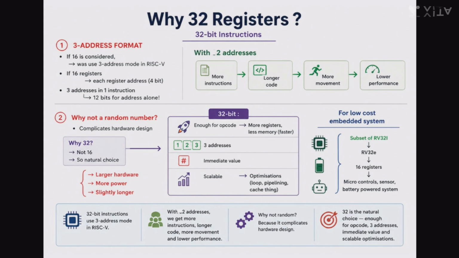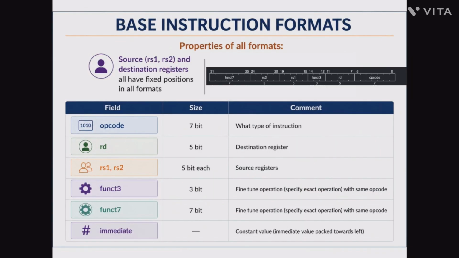Coming to the basic instruction formats, how will an instruction for RISC-V look? We'll be dealing with source and destination registers, and the main feature of an instruction is the opcode, which is 7 bits in RISC-V and says what type of instruction it is. There are 6 types of instructions, and it is this opcode which says which type it is.